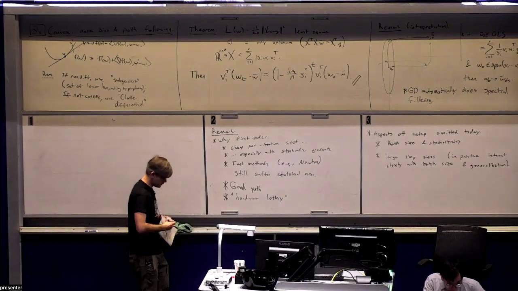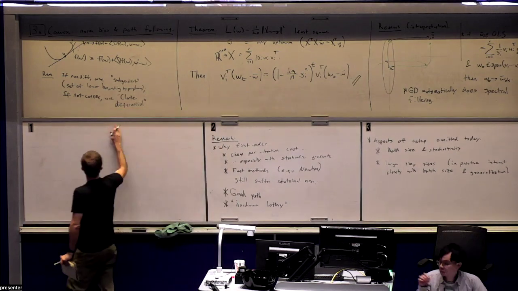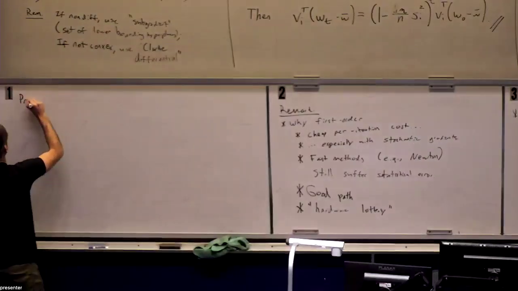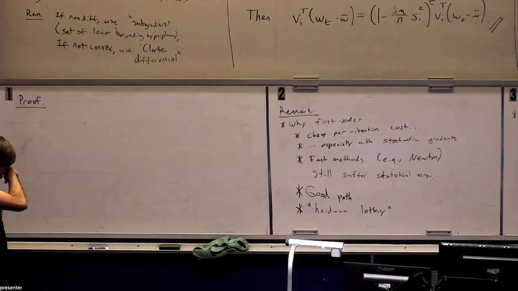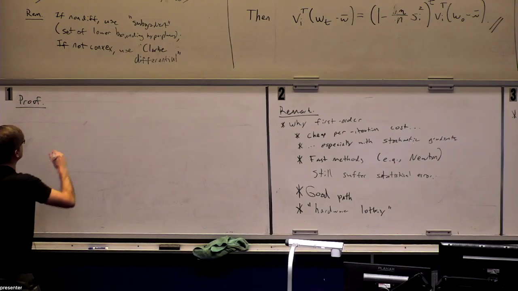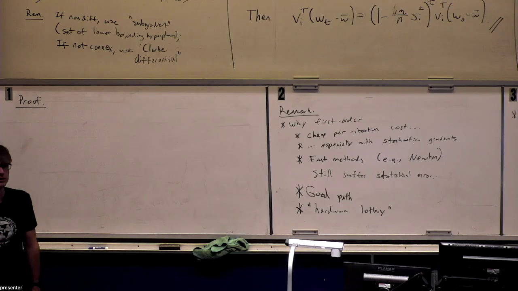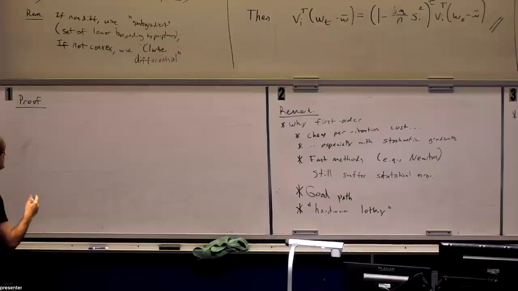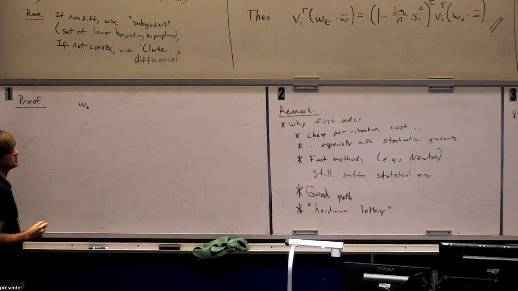Okay. So speaking of which, let's just do the proof right now. There are a few ways to write it, and I'm going to write it one way, which I don't know if it's the nicest way. I'm not going to introduce the VIs.